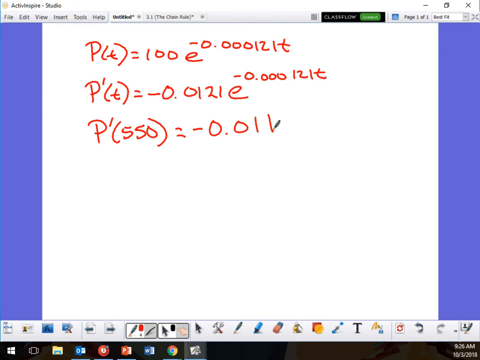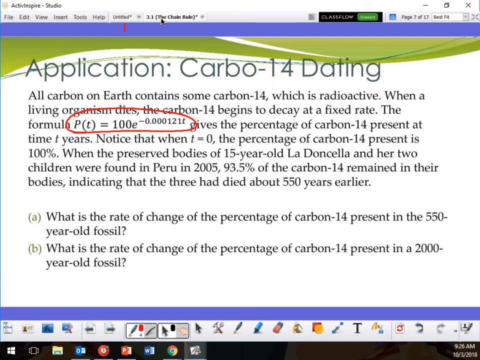Because if you notice back in our original problem, it said that after 550 years, there was 93.5% left, right? So small amounts actually change each year. That's what it's saying. Make sense? Okay.